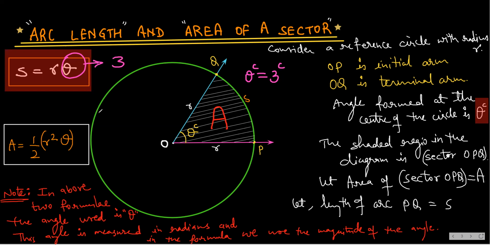You have to write only the magnitude. That is true for both the formulas. You have to measure the angle in radian, but in the formula you use only the magnitude. You don't use the radian symbol. I hope it is clear to you. Please make a note of this, because based on this we are going to solve a number of problems.